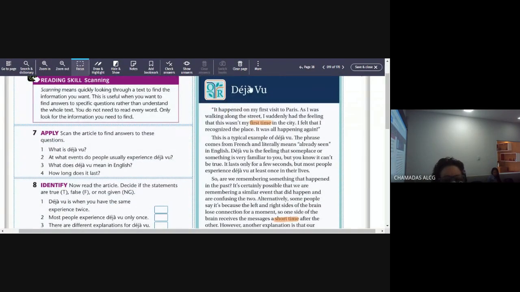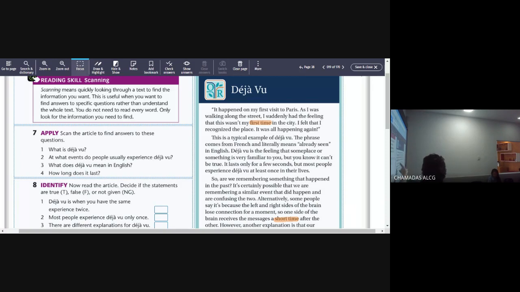Here, they show us an article and they want us to scan the article like that, to look only superficially. What do I mean by that? You're going to see the article and just focus on the first sentence of each paragraph. Only that.